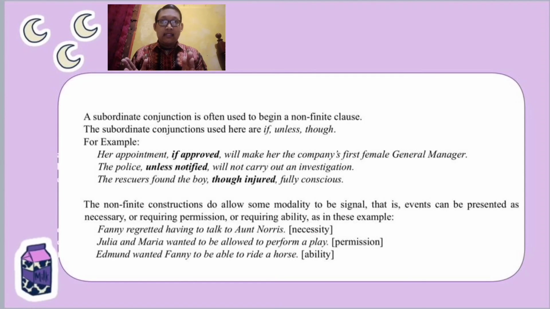This sentence is necessity. And then, Julia and Maria wanted to be allowed to perform a play. This sentence is permission. And then the last one, Edmund wanted Fanny to be able to ride a horse. Then, the sentence is ability.